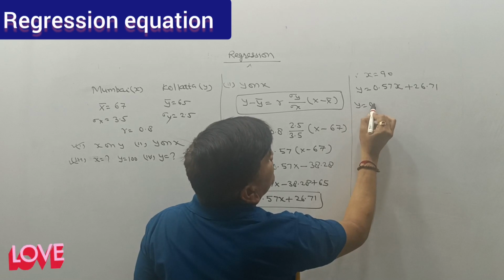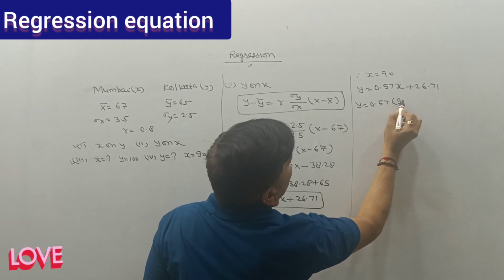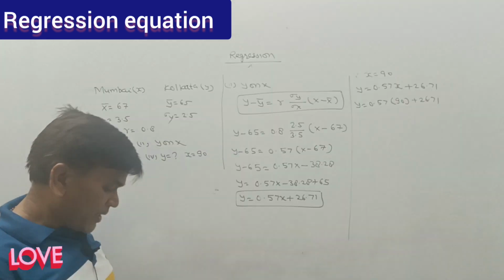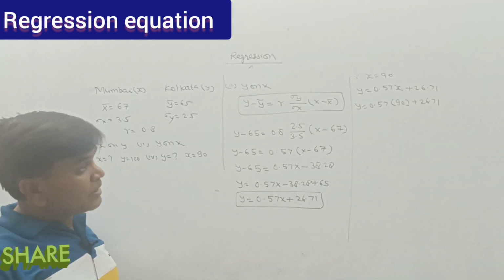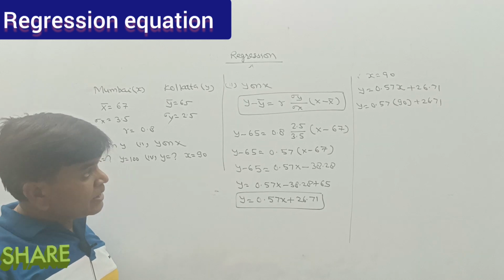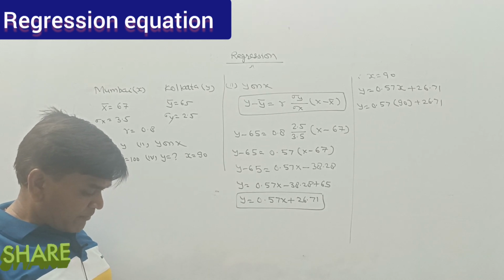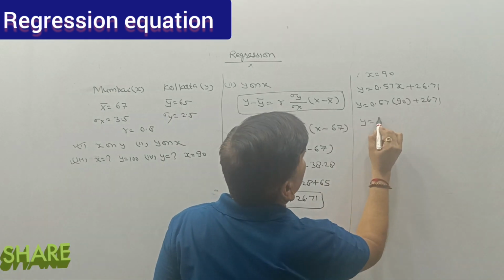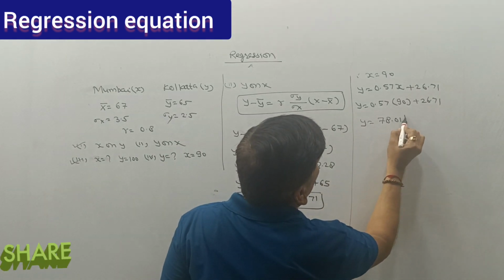So y is equal to 0.57 multiplied by 90 plus 26.71. So we have to calculate 0.57 multiplied by 90 plus 26.71. So the value of y is 78.01 rupees.